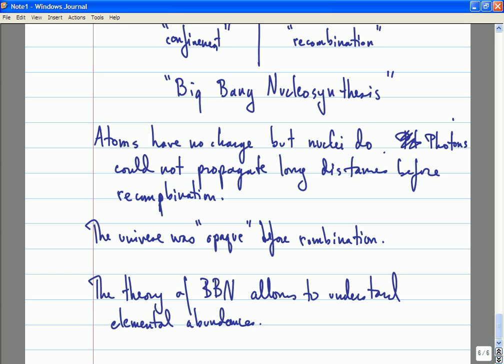And checks of nuclear physics are sometimes very hard to come by. And Big Bang nucleosynthesis, the observation of elemental abundances, provides a really powerful check of our theories of particle physics. So I think this is one of those beautiful times in physics when you have an interplay between our theories of the very large, general relativity, cosmology, and so forth, and our theories of the very small, the theories of the dynamics of nuclei.